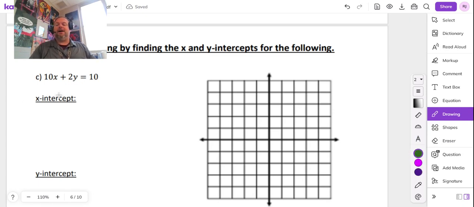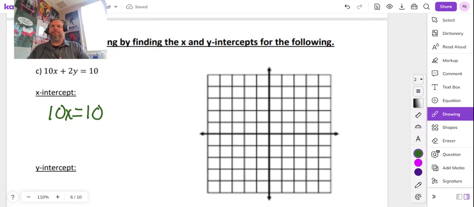All right. What equation are we going to use for our x-intercept? Okay, we know it's going to be equal to 10. Yes, 10x. Whew. Everybody went silent for a second. And then we divide.